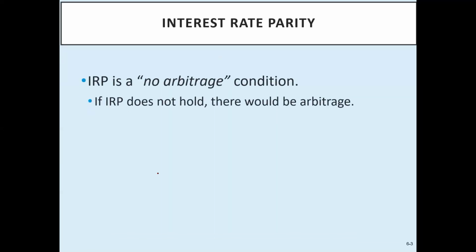So interest rate parity is derived by an arbitrage calculation, okay? Interest rate parity is a non-arbitrage condition. So when the interest rate parity holds, that means there's no arbitrage opportunity for us to take advantage of.